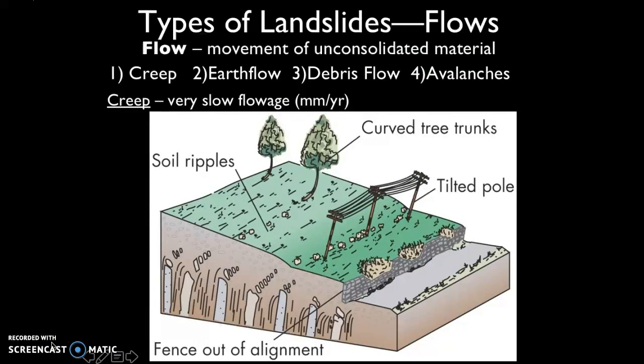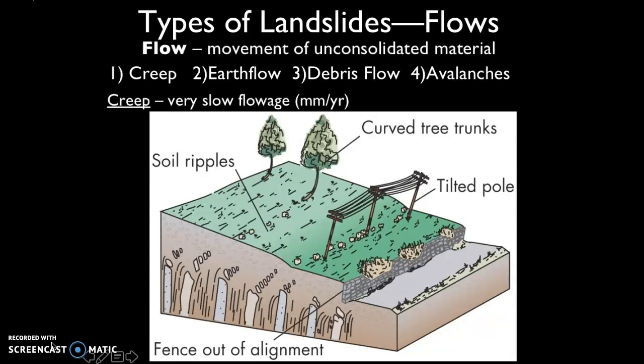Flows are going to be the movement of unconsolidated material. They differ from slides and slumps, because slides and slumps usually move as blocks of the whole material. In this case, the flow is going to have each particle separate from the other one. And although they are all moving downwards in the same direction, there's going to be a lot of different chunks.